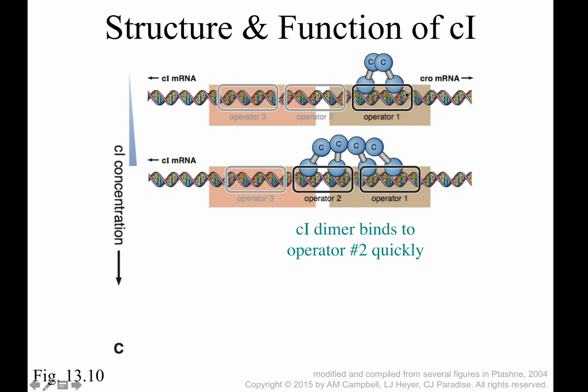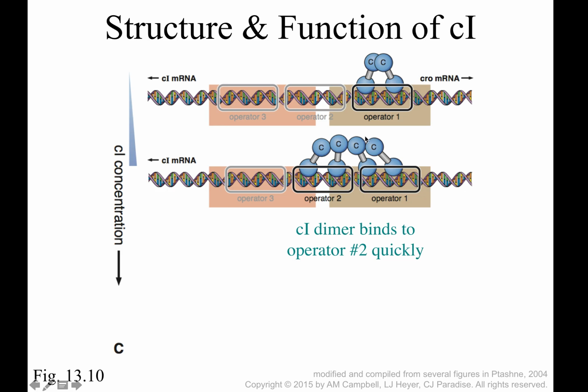Binding to the first operator, which is the highest affinity, or the DNA likes this, or the protein CI likes this spot on the DNA the best. Think of it as the strongest attraction, like a magnet. Okay, so 1 always goes first, and then once 1 is occupied, 2 is quickly occupied because of cooperativity, similar to what we saw with hemoglobin.